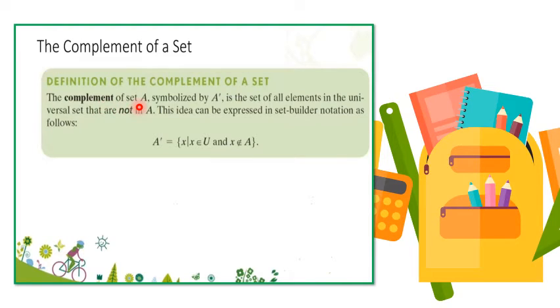The complement of set A, symbolized by A prime, is the set of all elements in the universal set that are not in A. This idea can be expressed in set builder notation as A complement is equal to X such that X belongs to the universal set and X does not belong to A. Or you can write it as A complement means universal set difference A.